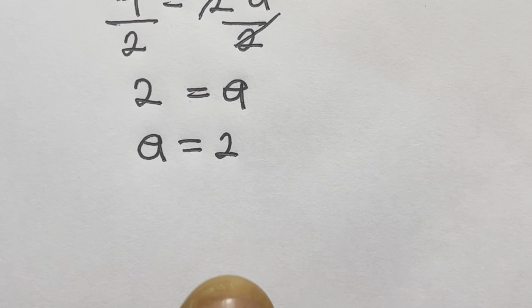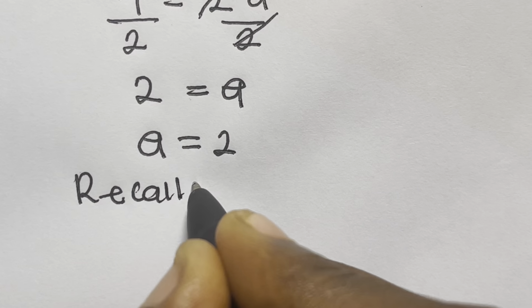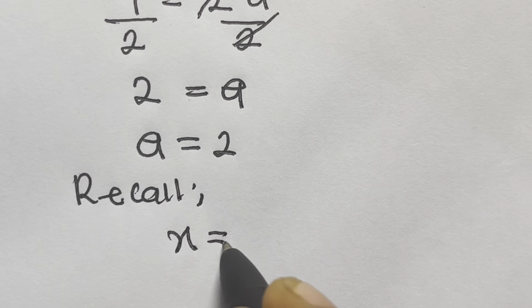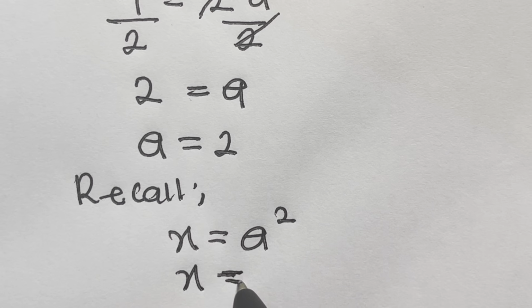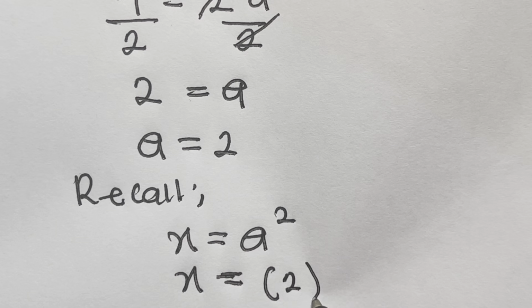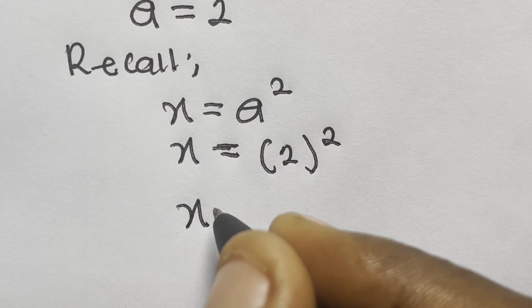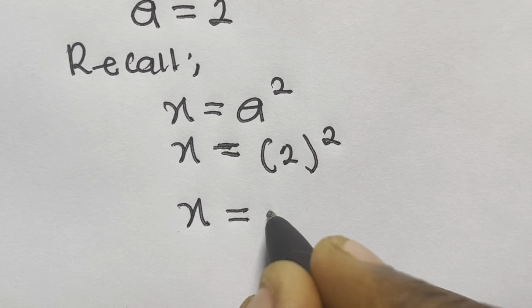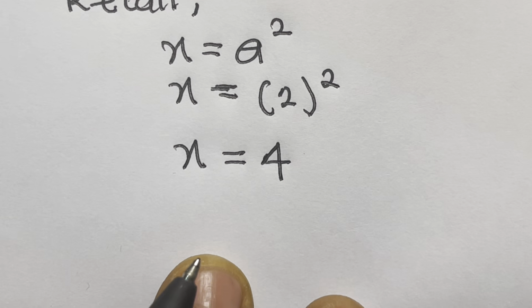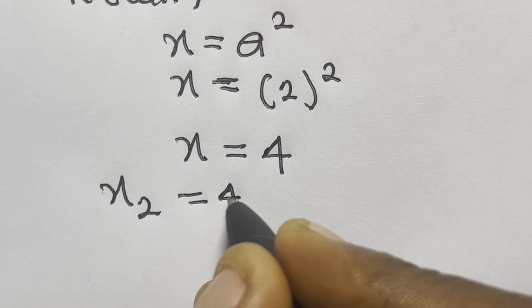So again, we are not looking for a here, we are looking for x. So we recall that x equals a square. So we have x to be, what's our a? We have 2, and that is 2 squared. So we have x equals 2 raised to power 2 will give us 4. And you can declare that this our x2 equals 4.